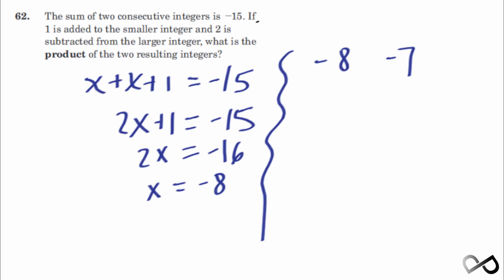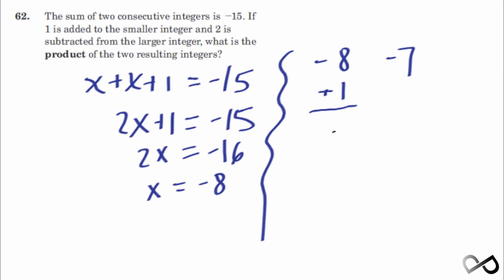If you go back to the word problem, it says if 1 is added to the smaller integer. So we're going to do plus 1 to the smaller one. Remember, the smaller one was -8, not -7. On a number line, -8 is more to the left than -7, right? So -8 is smaller.